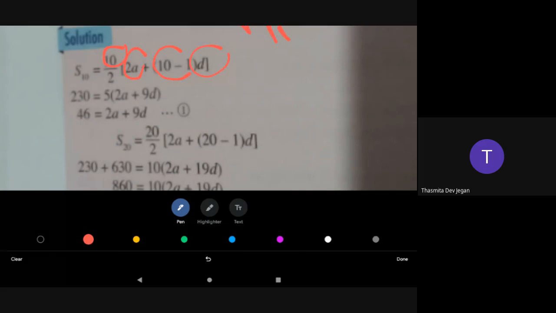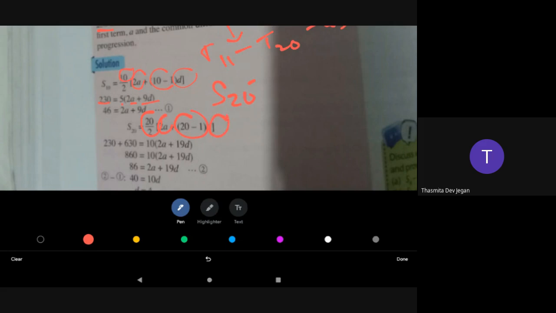So S10 we have 230, which is 5 times (2a plus 9d). This is for S10. For S20, we find S20: it will be 20 over 2 times (2a plus (20 minus 1)d).